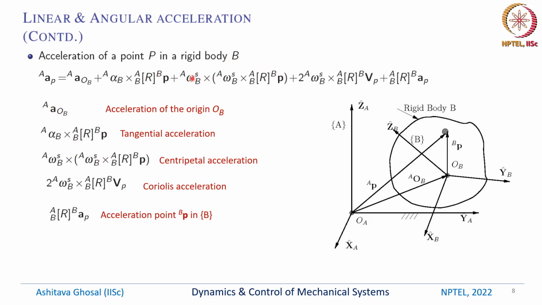Then we have the term omega cross omega cross r, which is called the centripetal acceleration. Then one more term, the Coriolis acceleration, which is 2 omega cross v relative. And finally, this term is the acceleration of the point P in the B coordinate system itself.